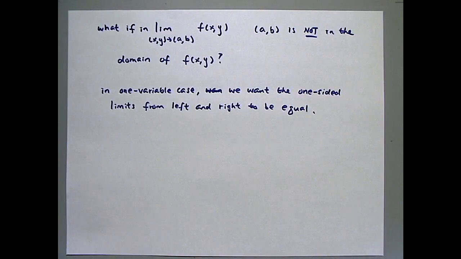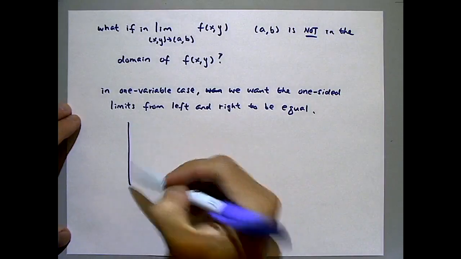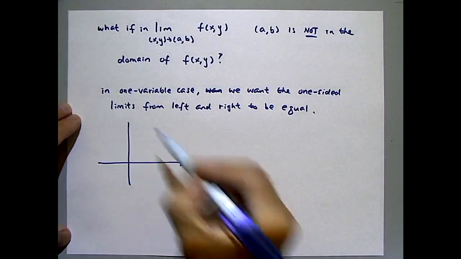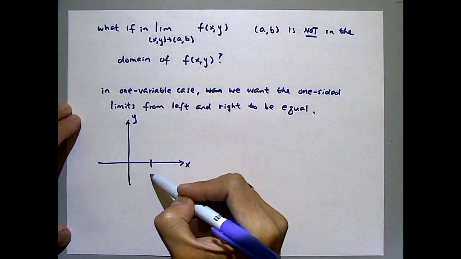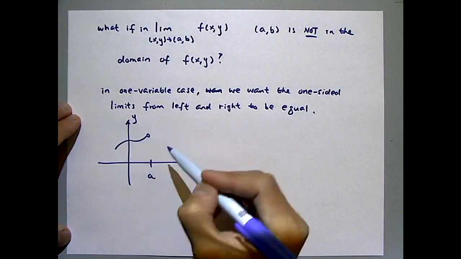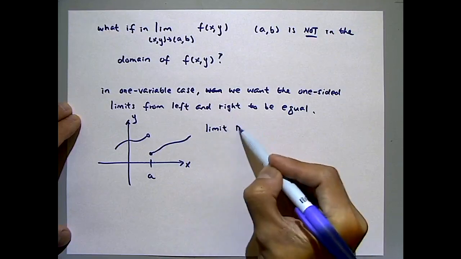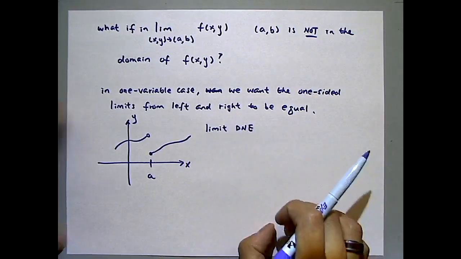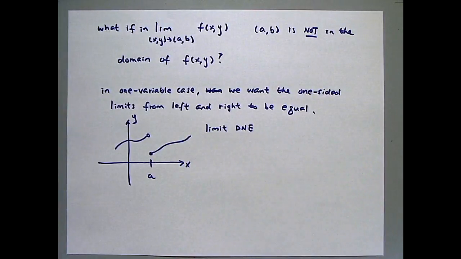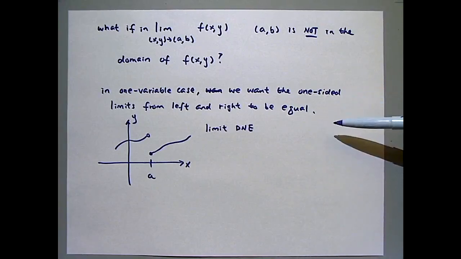Remember that? If they don't match up, then the limit doesn't exist. If they're different, the limit does not exist. In the two-variable case, in a three-dimensional case, the fundamental idea is the same. But now we have a lot of different ways to get there.